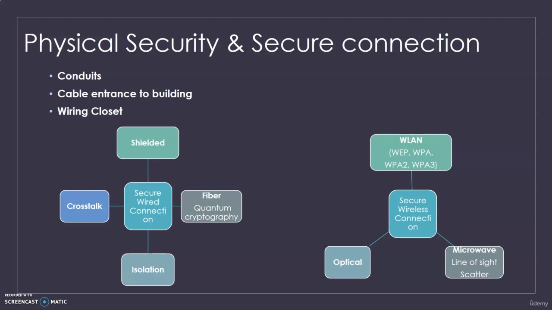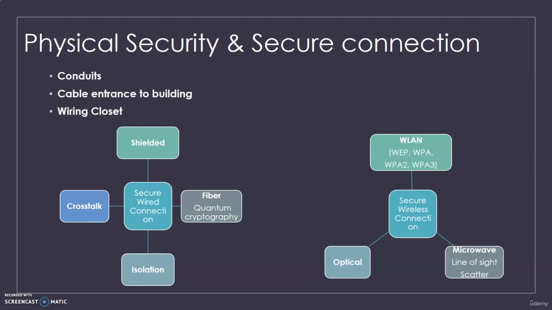But we have seen this between buildings, because one of the advantages of optical is that it does not need the same licensing as a microwave or other radio frequency signal.